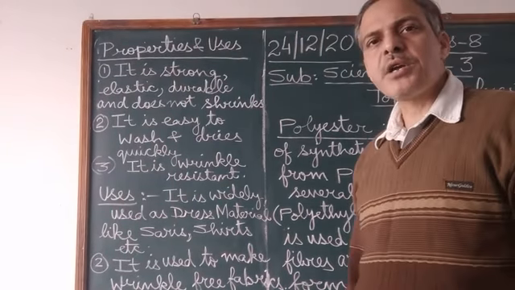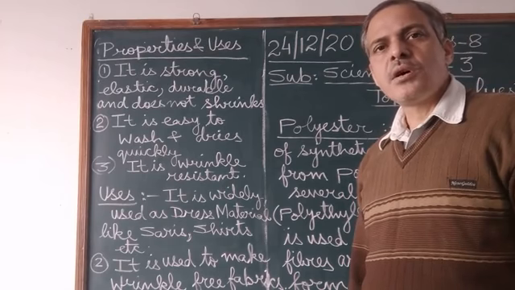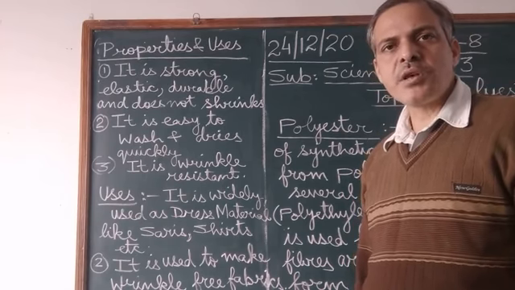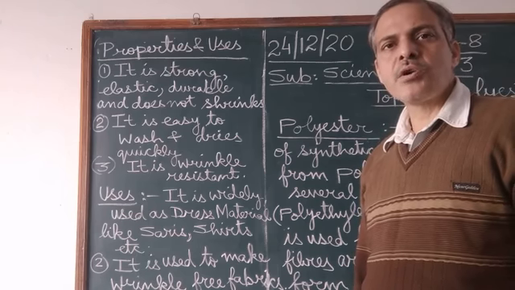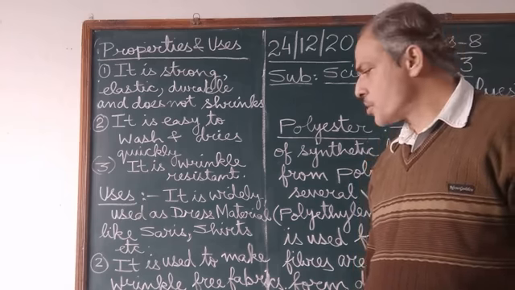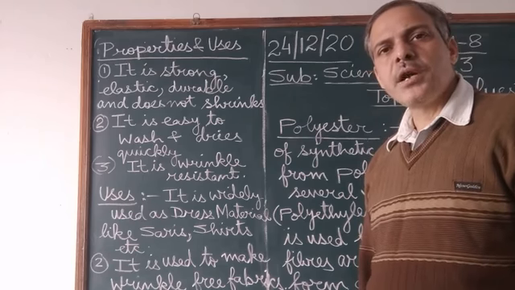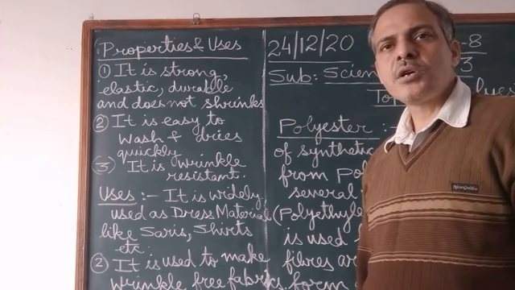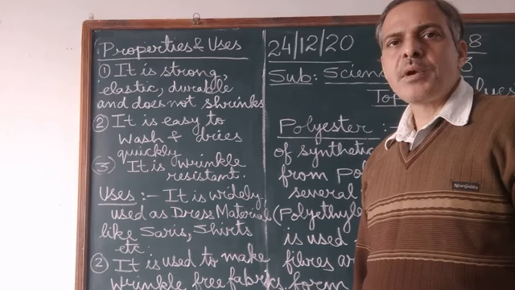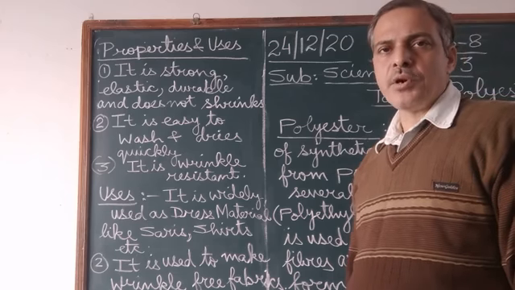Bisleri bottles are coming in the market, as well as various plastic bottles, which you are using or keeping in your refrigerator for cooling the water during the hot summer season. So these everyday usable things are also prepared by using the PET variety of polyester fibers.